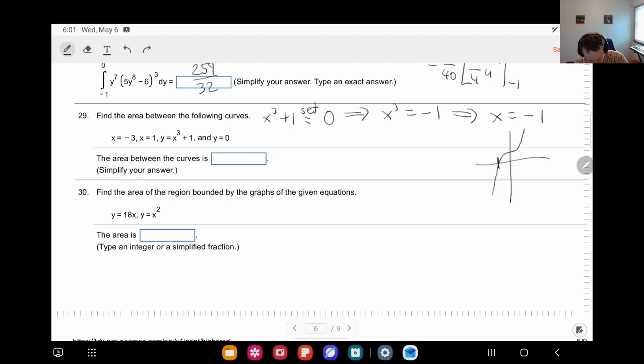So we know this is happening at -1. So -3 is somewhere out here. That means my high curve is 0, the x axis.